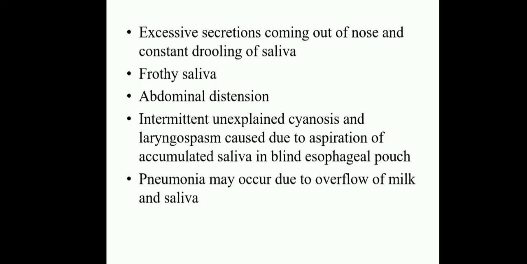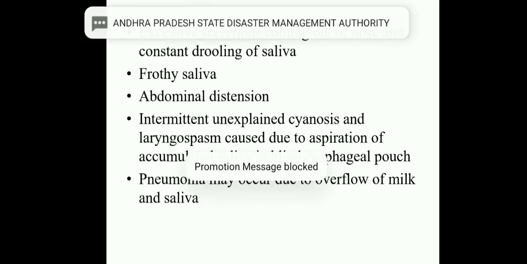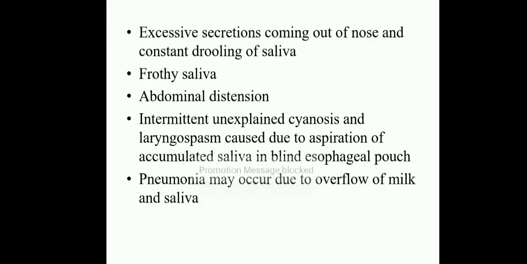Drooling means saliva comes out through the mouth, because the baby is unable to swallow the saliva produced in the oral cavity. It won't go into the stomach. There is a blind pouch, atresia, so whatever is produced comes outside.